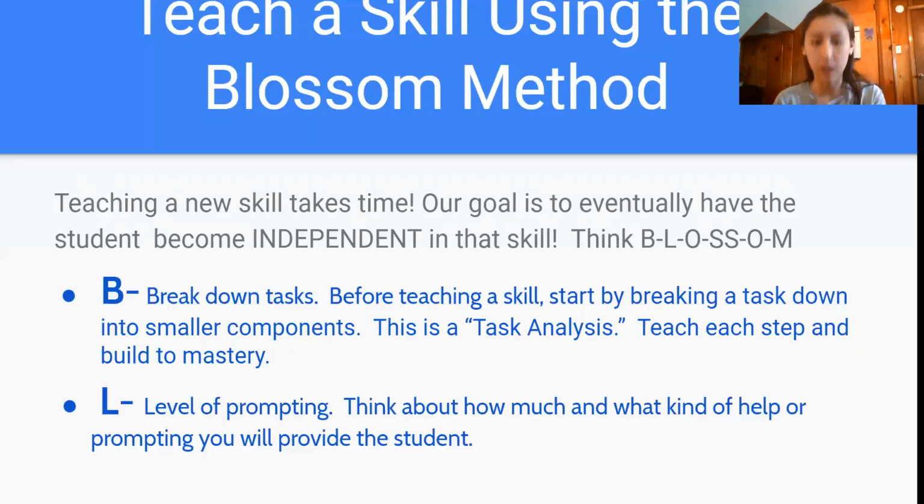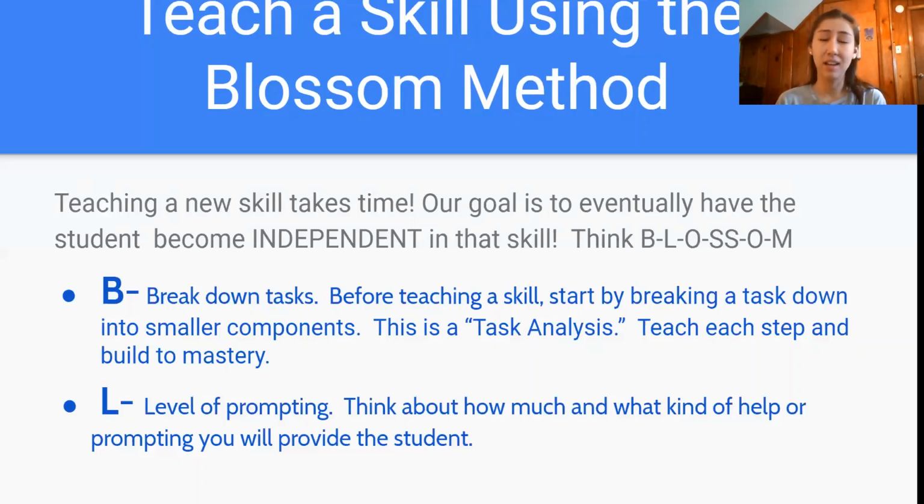Okay, I have to stand up, I have to walk over there, I have to pick up the glass. It's a lot more than what we might initially think. So breaking it down, especially for new skills, is going to be really helpful for our students to work towards independence as much as possible, which is the end goal for all of our kids.